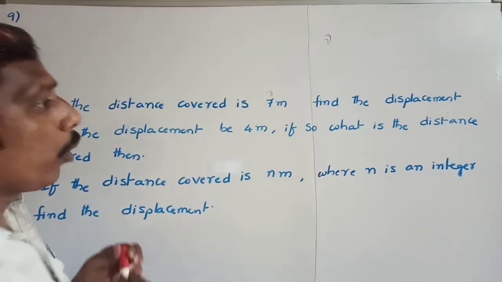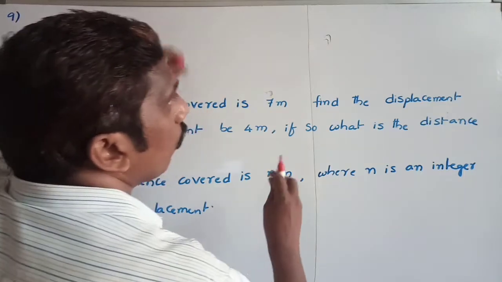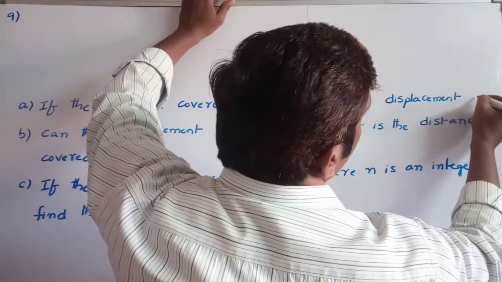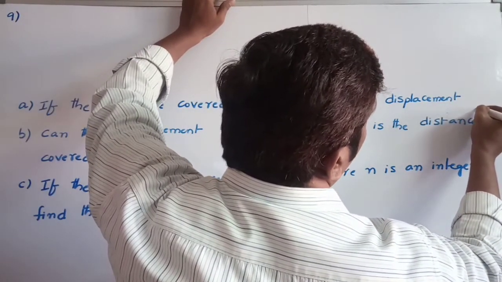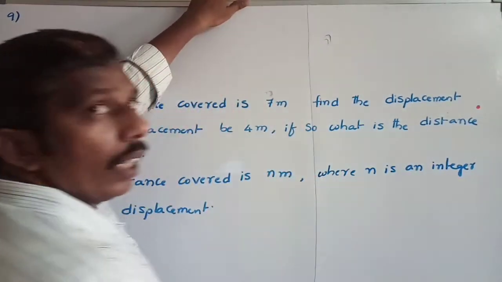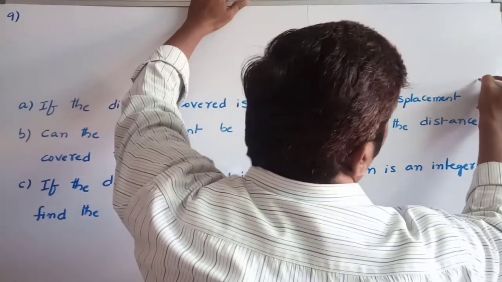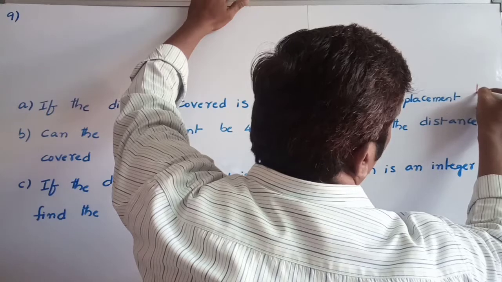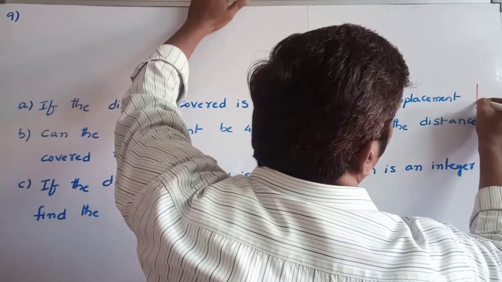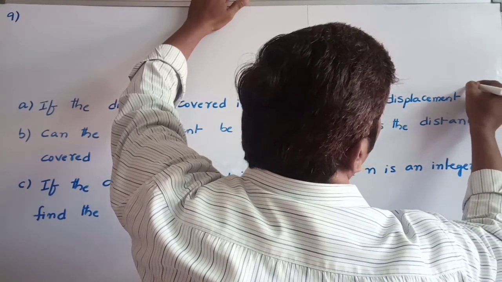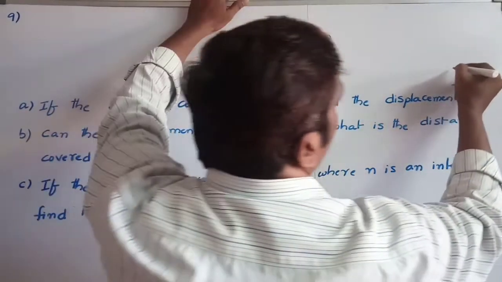So according to the problem, assume a person starts from this point. He travels along a straight line. After covering 1 meter, he takes a left turn and covers 1 meter.